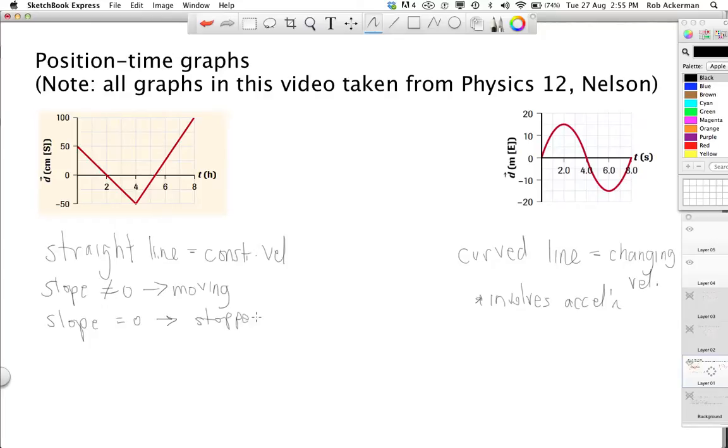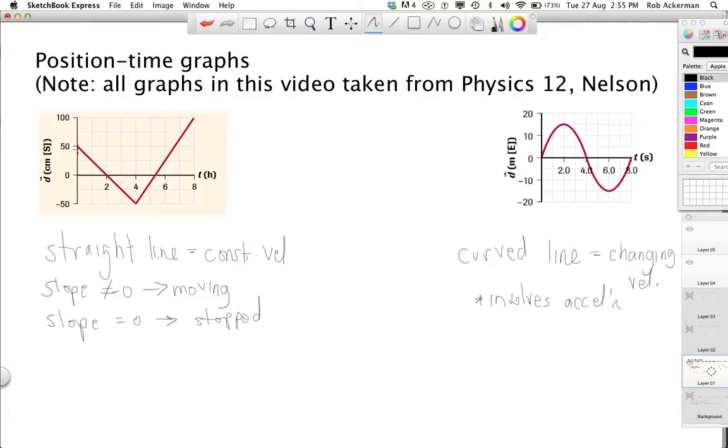There is no spot on this graph where the line is actually sloped horizontally. So you might argue, well, does this object that's being described ever stop moving? And you might think, well, no, it doesn't stop moving. But let's make another observation here.